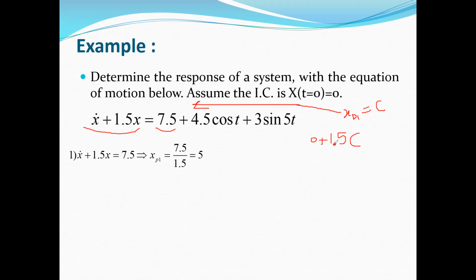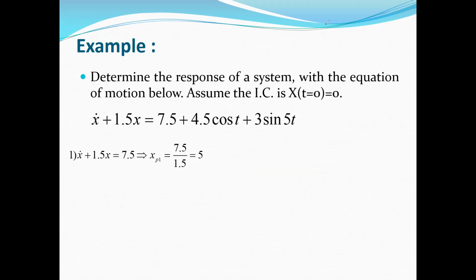This must be equal to 7.5. So from here we can conclude that c or xp1 is equal to 7.5 divided by 1.5, which is 5. So this is the particular response for the first non-homogeneous term.